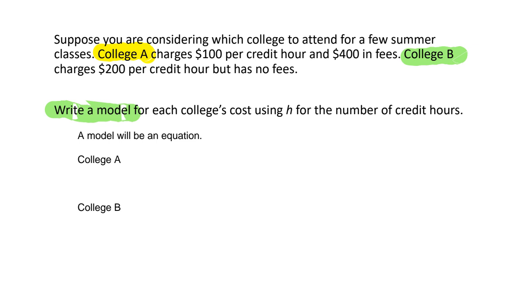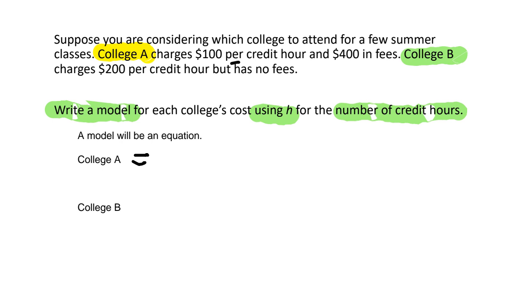They are telling me using H for the number of credit hours. Okay, college A, let's translate. College A charges $100 per. Now, per means multiply.